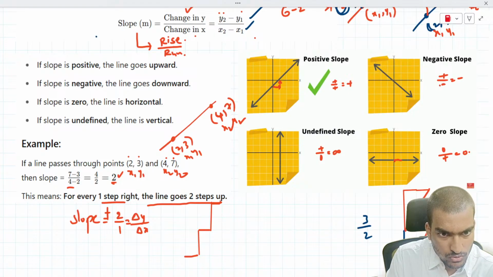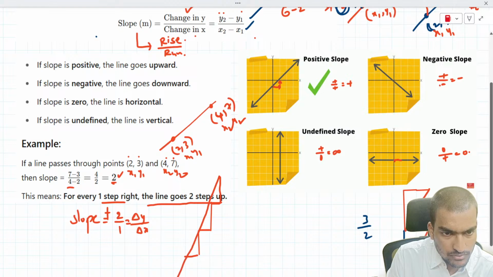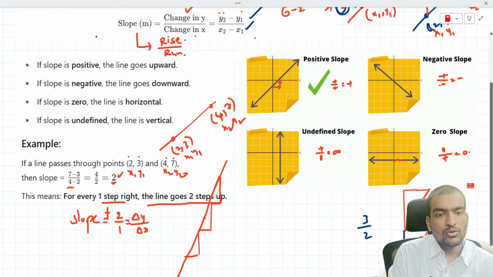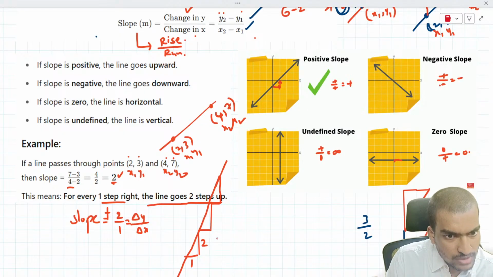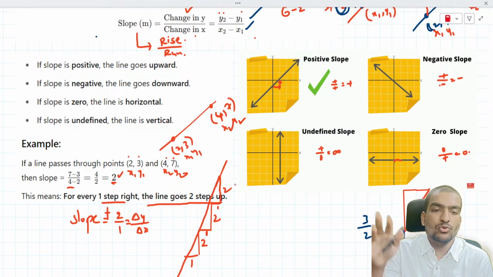This is how the slope looks, and you can connect all this. This is how the line is moving. For every 1 step right, the line moves 2 steps up. In the complete line, the slope is the same.